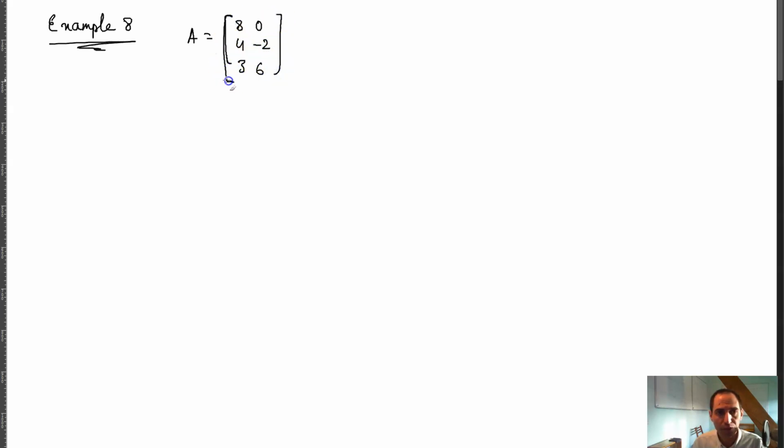You have this matrix, and then you have another matrix B as 2, negative 2, 4, 2, negative 5, 1, right? Of these two matrices, I'm sorry.